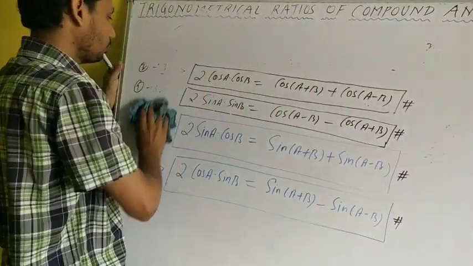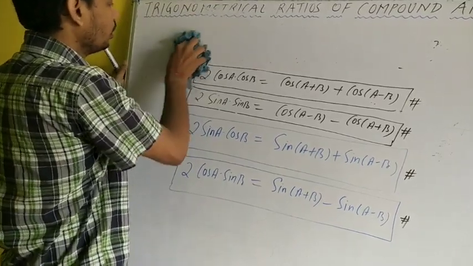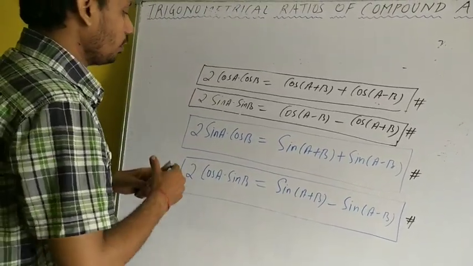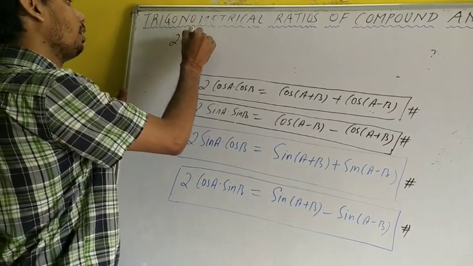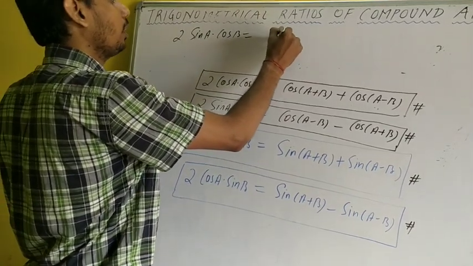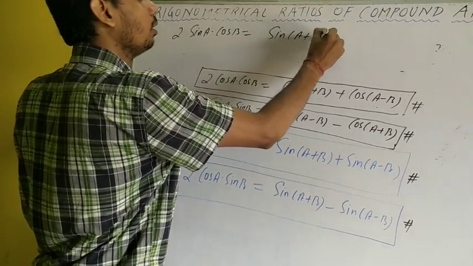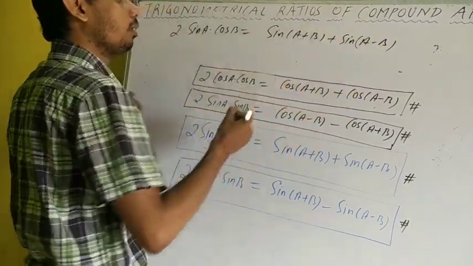Now here, in the first one we have derived that twice of sin a cos b is equals to sin a plus b plus sin a minus b. Let us take this formula.